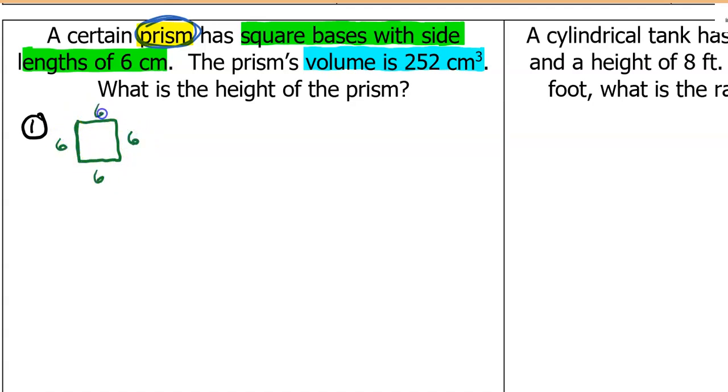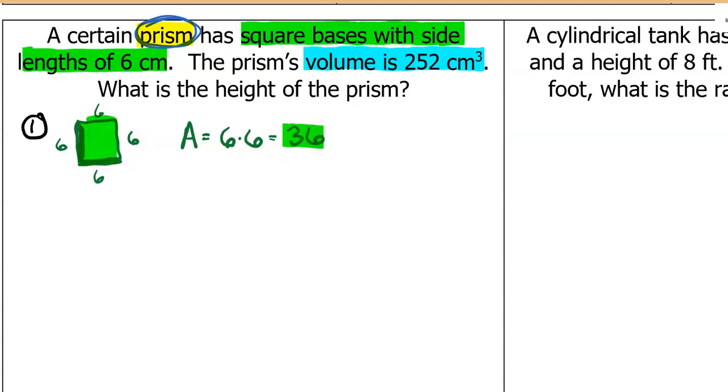So it must be 6 all the way around, because that's how squares work. So ignoring the rest of the problem, let's just think about the area of that square. The area of a square would be 6 times 6, or 6 squared, if you will, just a base times height. So I have 36 for the area of the square base.